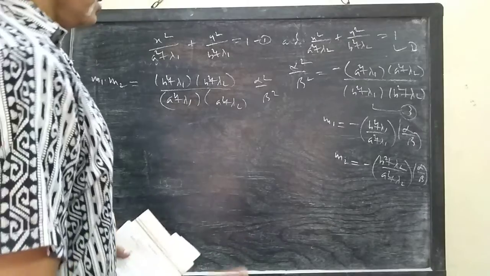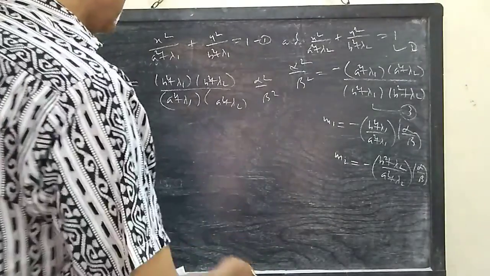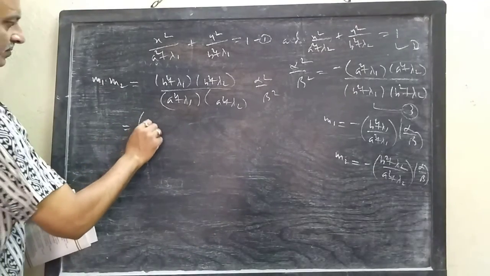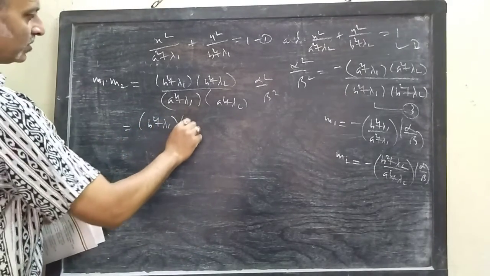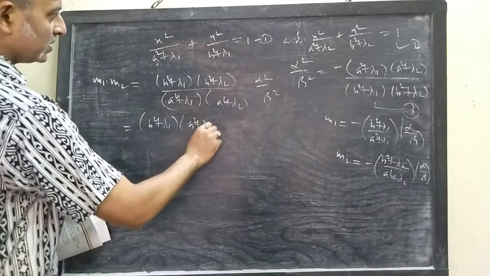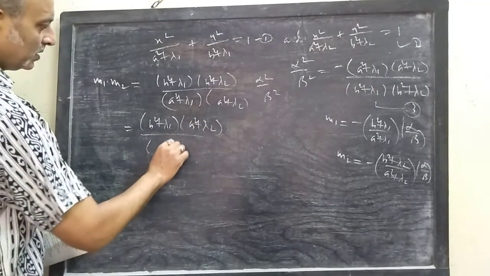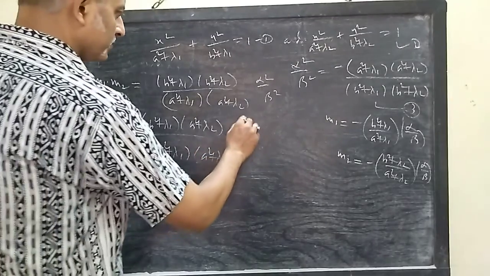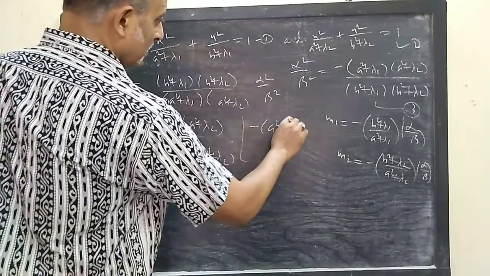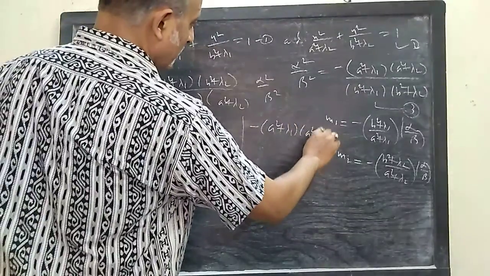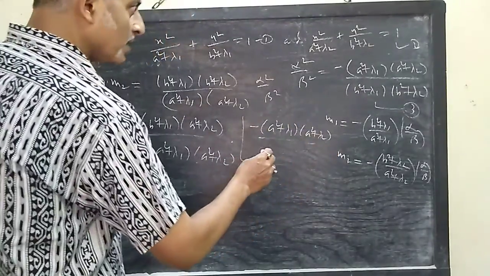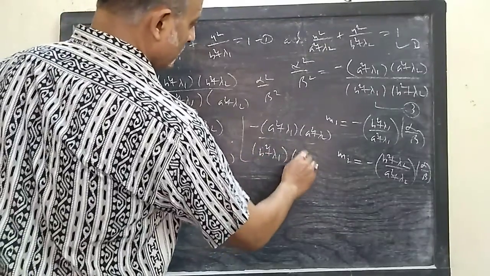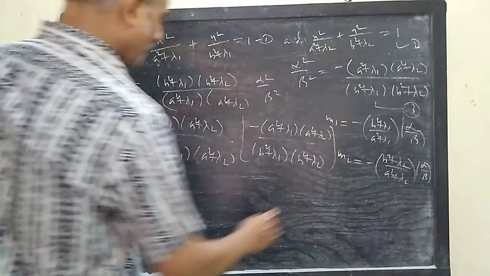Now look at the result alpha square by beta square that we have already obtained. Use this result. We can write it here. We get (b square plus lambda 1)(b square plus lambda 2) by (a square plus lambda 1)(a square plus lambda 2) into minus (a square plus lambda 1)(a square plus lambda 2) by (b square plus lambda 1)(b square plus lambda 2).